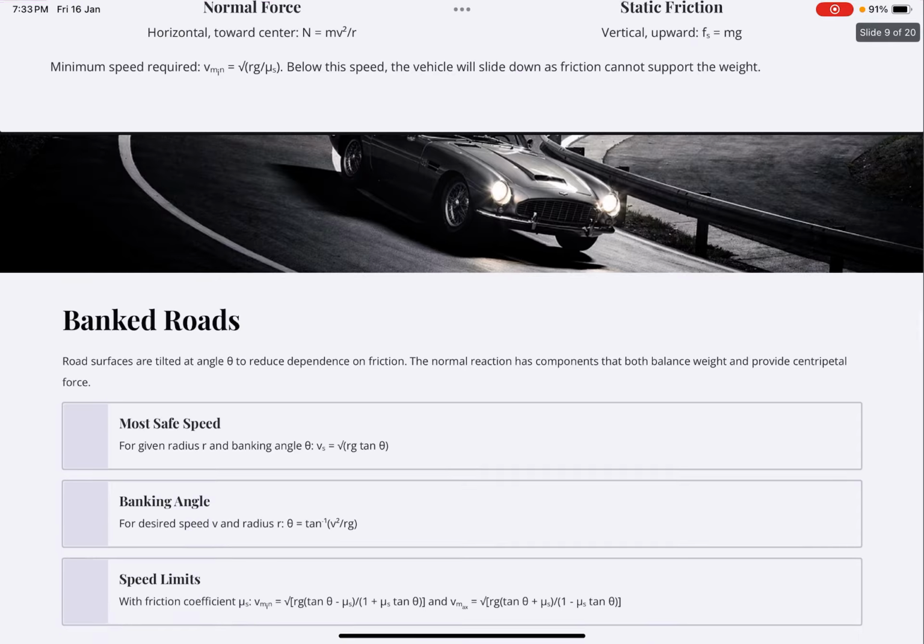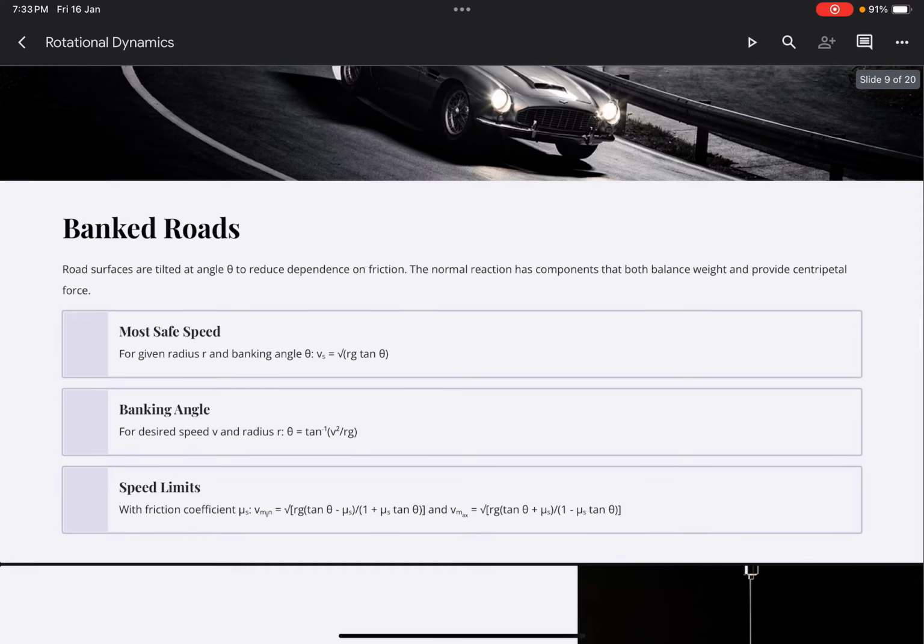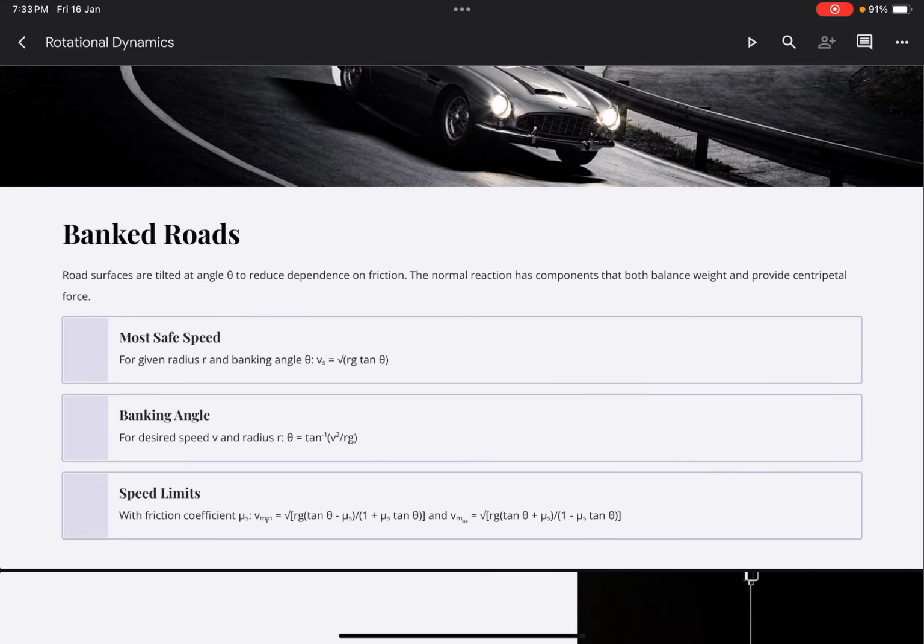Okay. The third important case of this circular motion is the banked road. Banked road means that the roads are not flat at the turning. It is slightly tilted at some angle theta, and that is to reduce the dependence on friction, because we had seen that on an unbanked or horizontal road, it is friction which is providing the centripetal force, right?